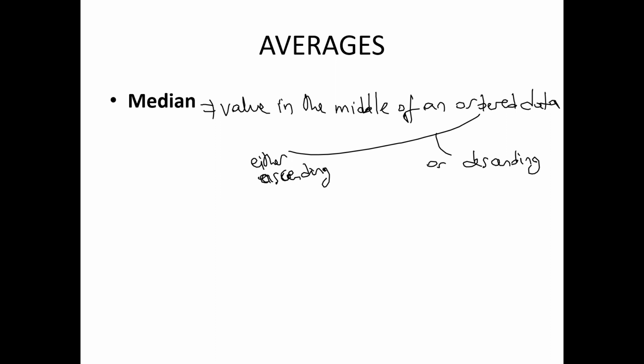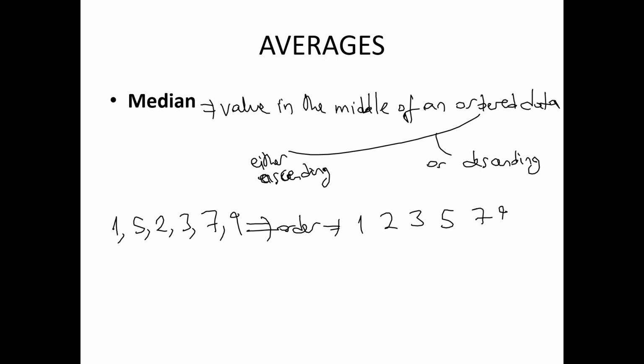Let me give you one example. Say that I have the data values 1, 5, 2, 3, 7, and 9. What I will do is order them. When you order them, you will have 1, 2, 3, 5, 7, and 9.